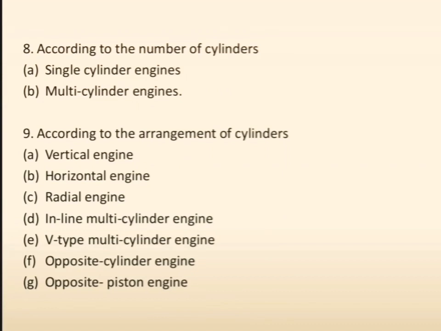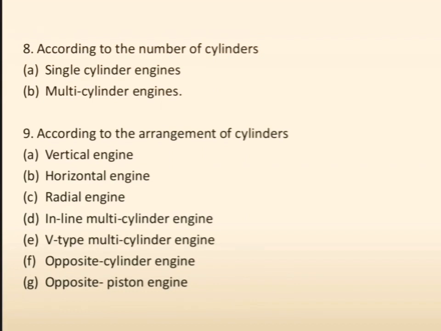Now in continuation with the above, according to the arrangement of the cylinders, as per the available space in the vehicle itself, there will be vertical arrangements, horizontal arrangements, or, in case of radial availability of space, the radial arrangement of the system, and they are known as vertical engines, horizontal engines and radial engines.